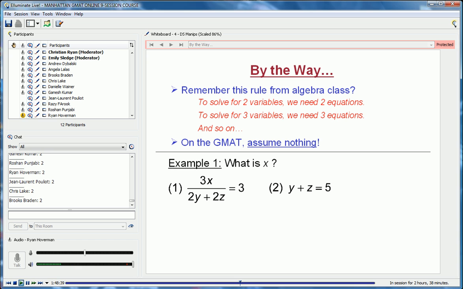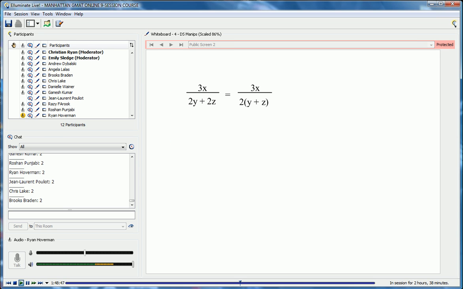Well, there's a Y and a Z in the denominator of statement 1. It just is multiplied by 2. So because of that, you actually know the value of the entire denominator, so they're sufficient together, sorry. That's right, C is the correct answer here.